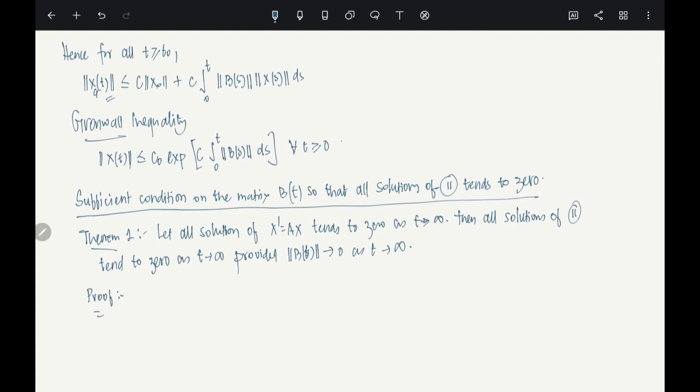First of all, solutions of x prime equals Ax tend to 0. That is given to us. If that happens, then let A be such that all its eigenvalues have negative real part.